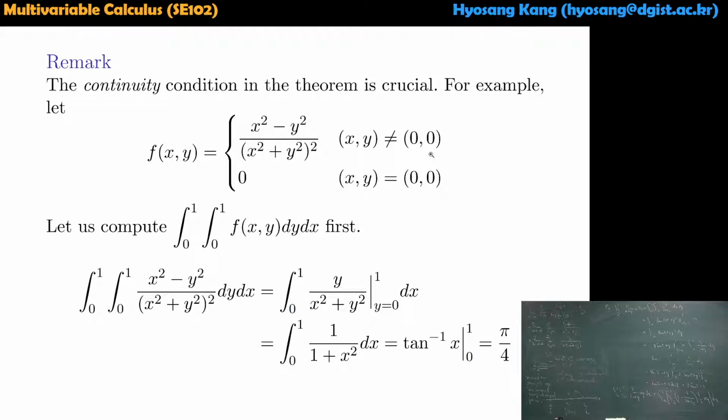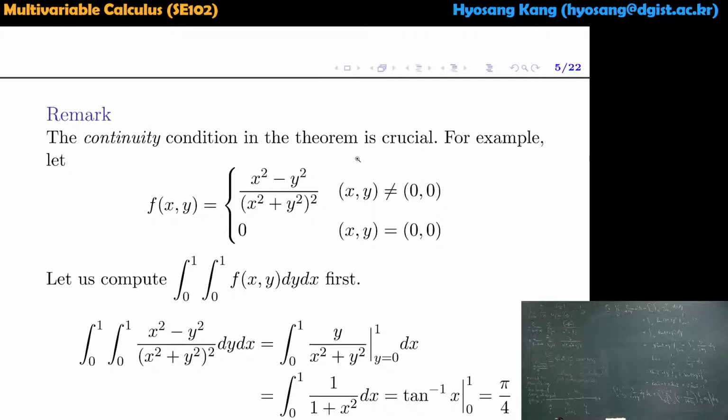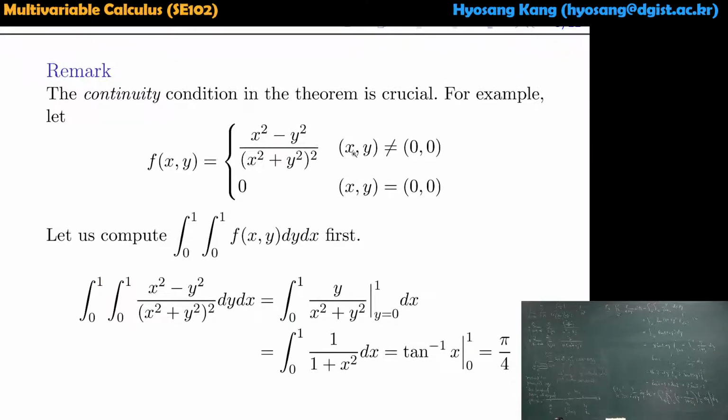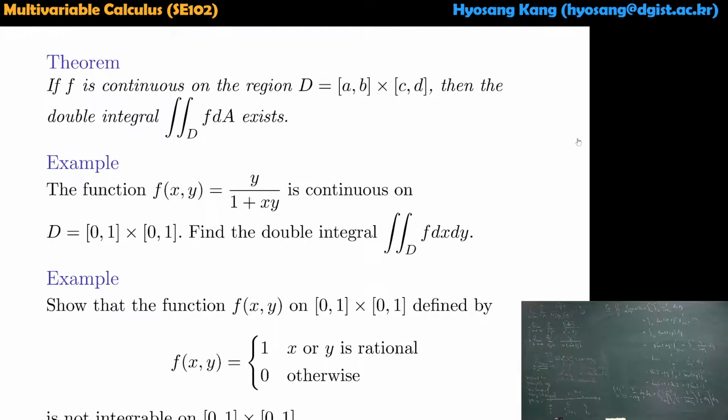So what if we don't have continuity in the Fubini theorem? If you don't have a continuity condition on the theorem, we don't have a guaranteed definite double integral.